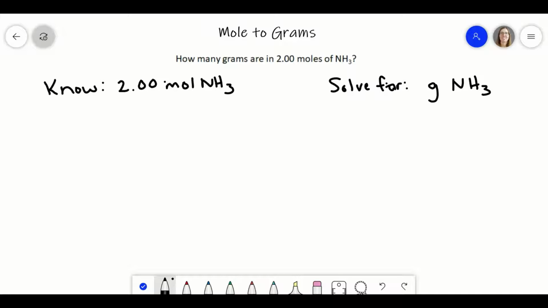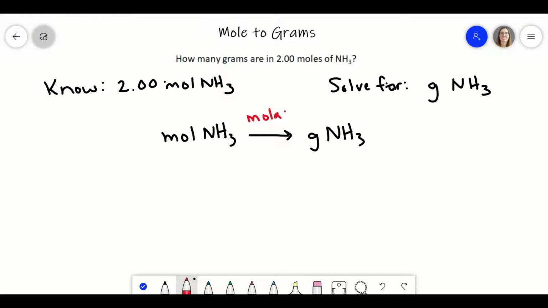And there is a conversion factor that allows us to, in one step, convert from moles to grams, and that is called the molar mass. So we can go from moles of NH3 to grams of NH3 by using molar mass.